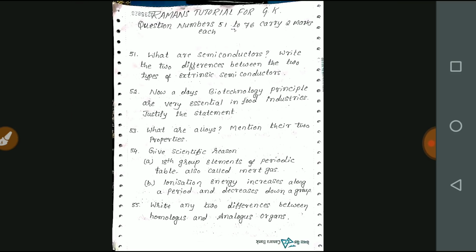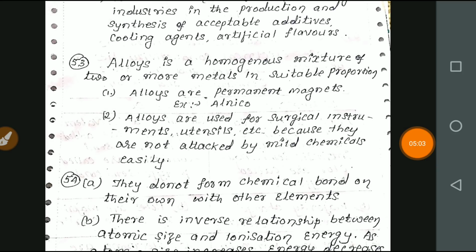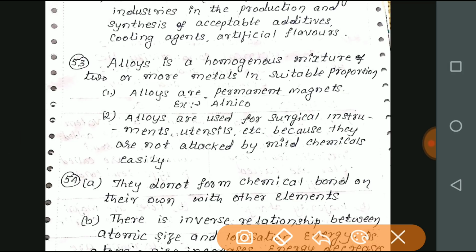What are alloys? Mention their two properties. An alloy is a homogeneous mixture of two or more metals in suitable proportion. The properties of alloys are: alloys can be permanent magnets, for example alnico.